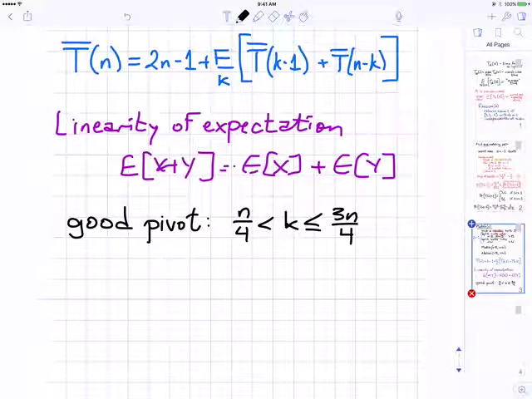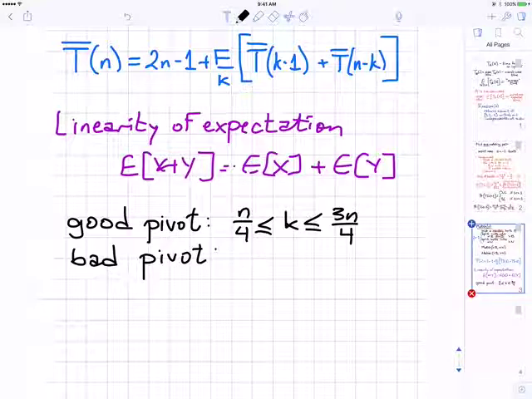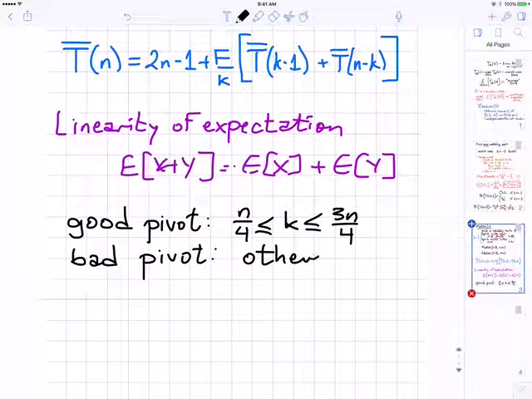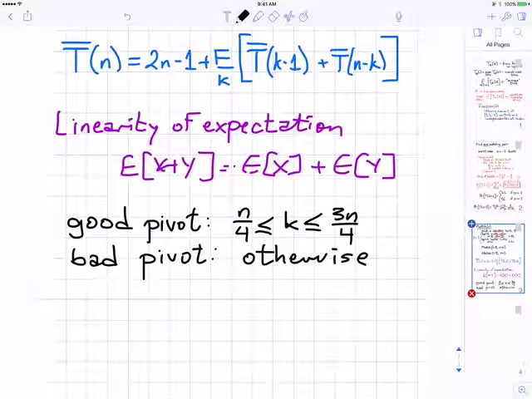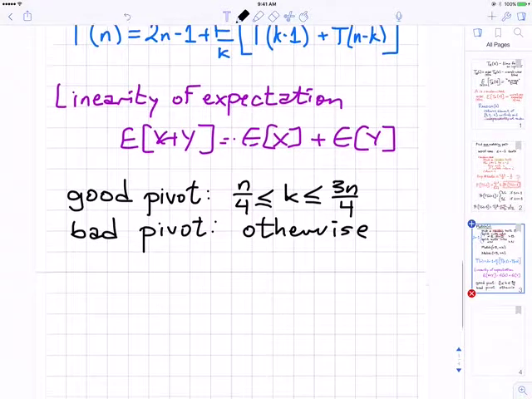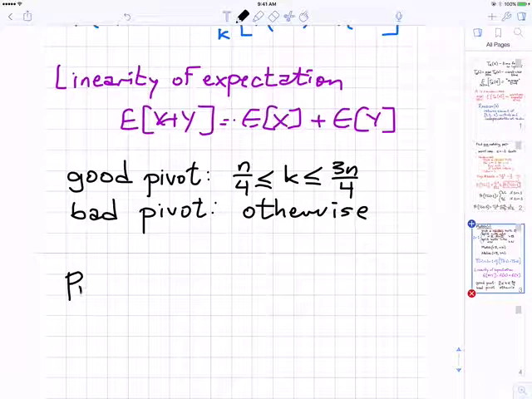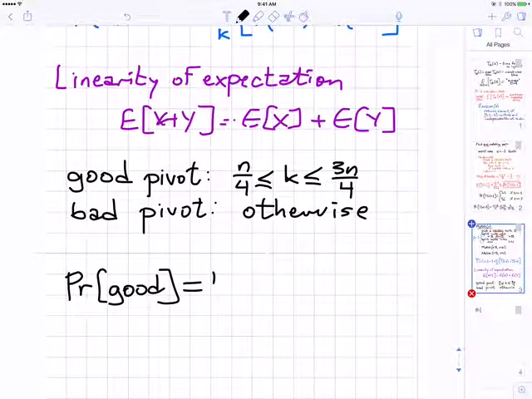I'm going to be fuzzy about whether this is less than or less than or equal to; it doesn't really matter. And I'm going to say the pivot is bad otherwise. I've chosen this definition of good and bad because what I really want is the probability that the pivot is good to be about 1/2.